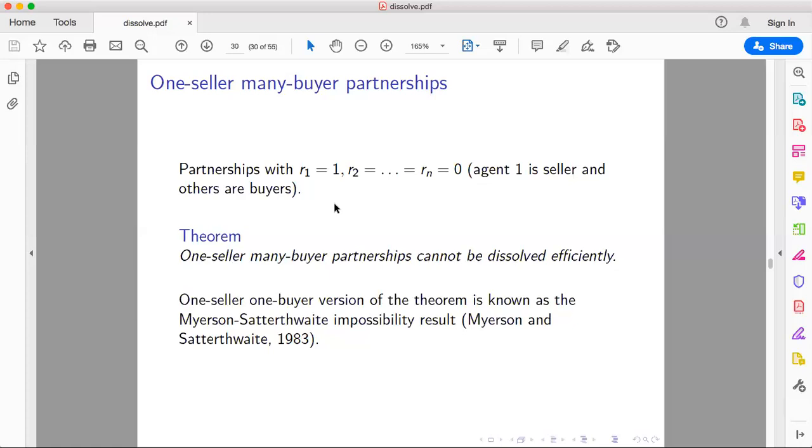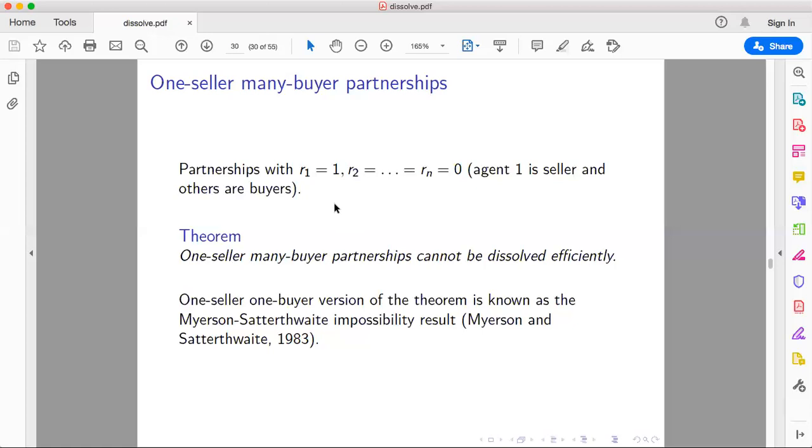Oh, sorry. So I was going to derive one corollary of this. The corollary says that one seller, many buyer partnerships cannot be dissolved efficiently. So what's a one seller, many buyer partnership?